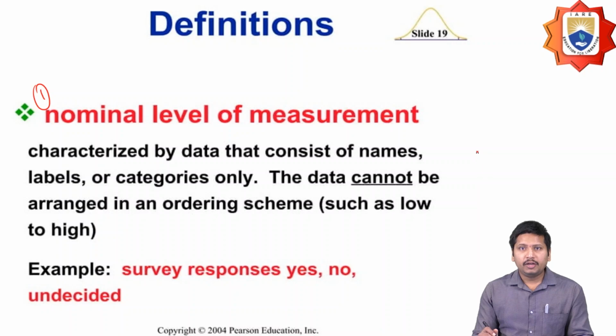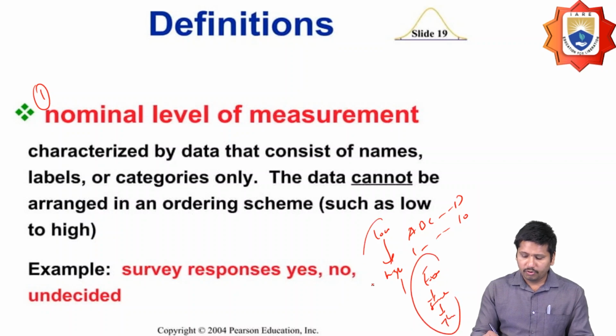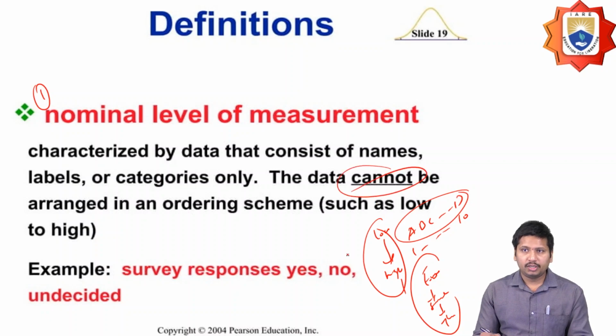We do not order the data like low to high, or A, B, C, D, or first, second, third. This kind of ordering is not followed by the nominal level of measurement. It is names, labels, and categories, where the data cannot be arranged in an ordering scheme.